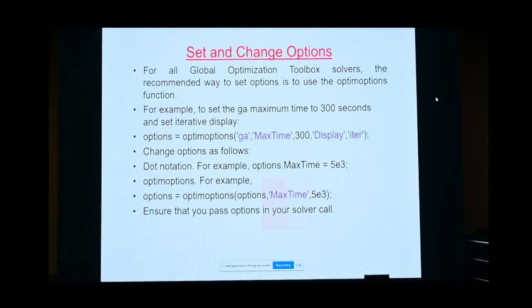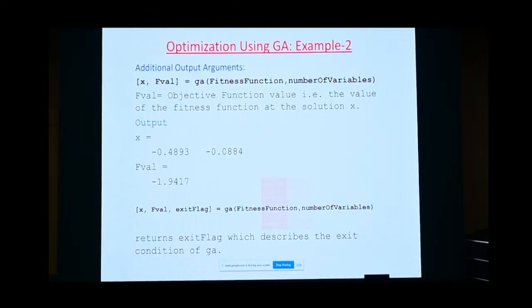Next, now if you put x and fval, in this case you can see the function value and x value both are coming, and it will give exit flag which will describe the exit condition of the GA. Why did the GA stop? Maybe the maximum generation reached or maximum tolerance reached. So that way it will specify.